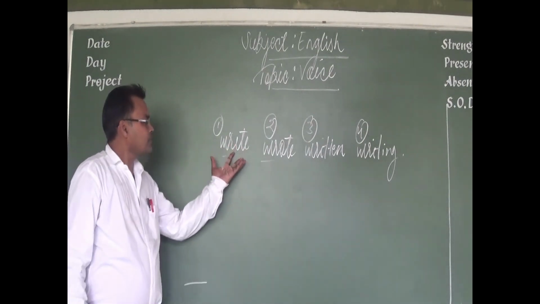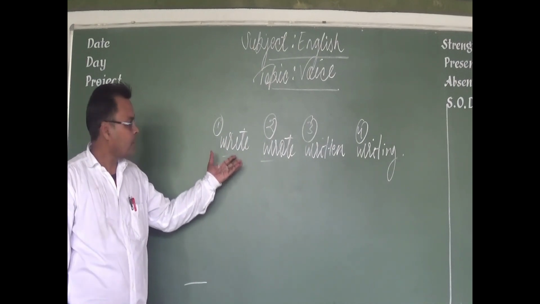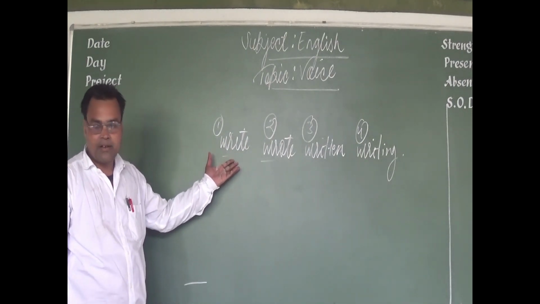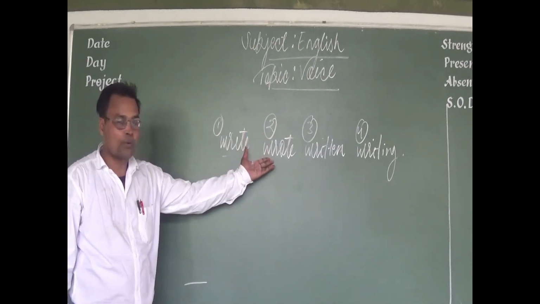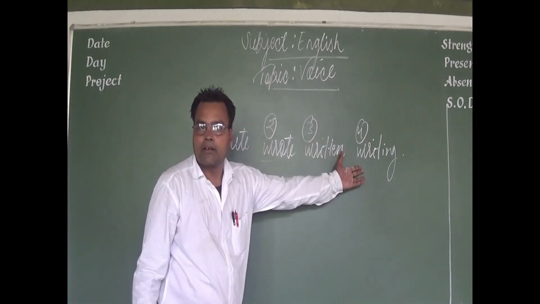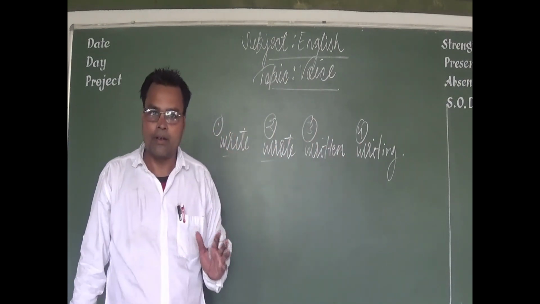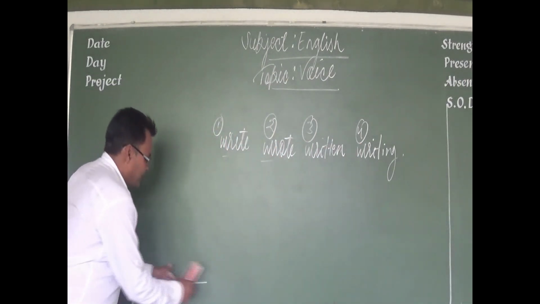First one is write. I have taken a common verb, write. First form is write. Second form is wrote. Third is written. Fourth is writing. How writing is made? By adding ing form. Right?